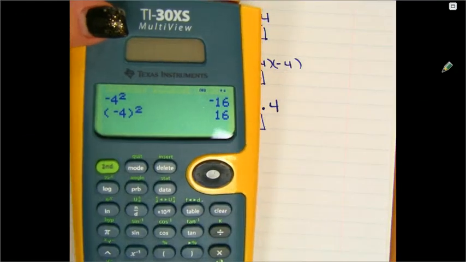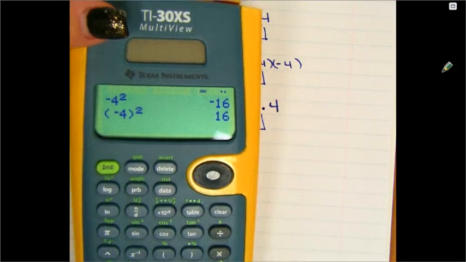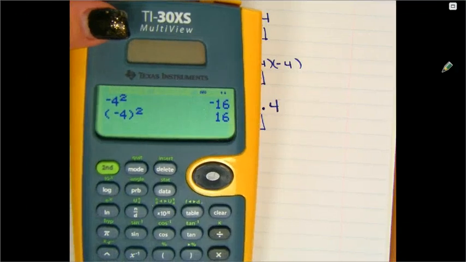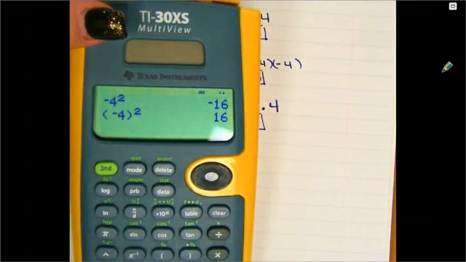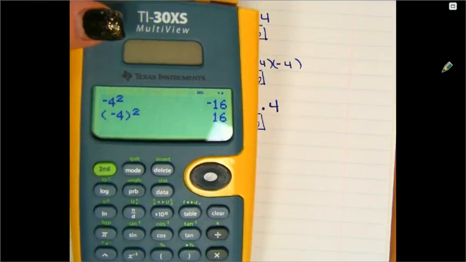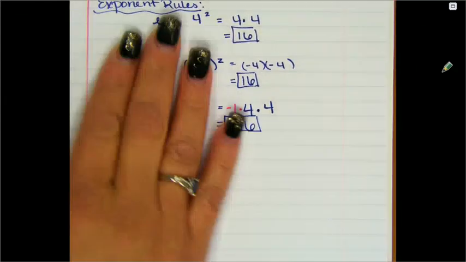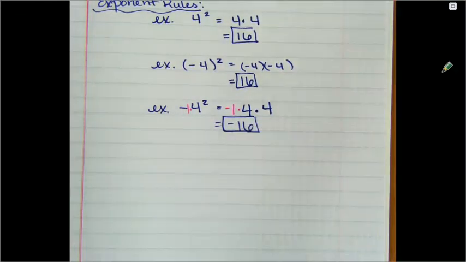Does that make sense? Especially if you're using my calculator. Some of the other calculators will put parentheses no matter what. This one's a little bit one step up, which means it's not putting the parentheses for you. You have to put them yourself. Got it? Okay. Now that you've seen this, let's talk about the rules of exponents.